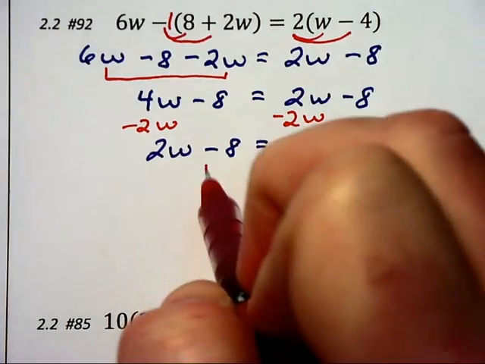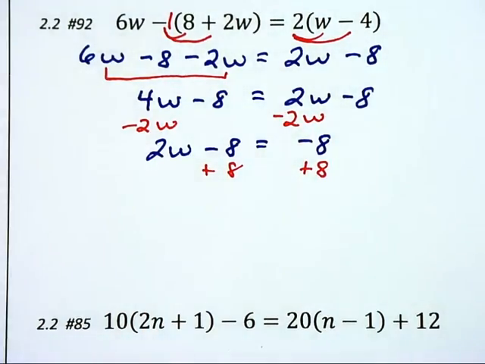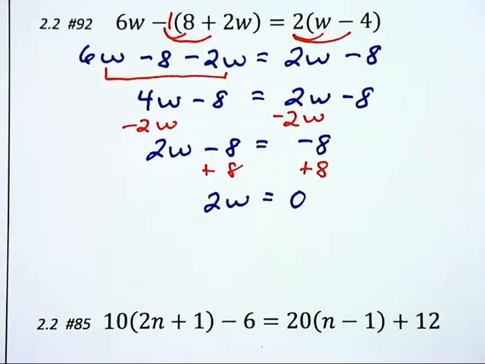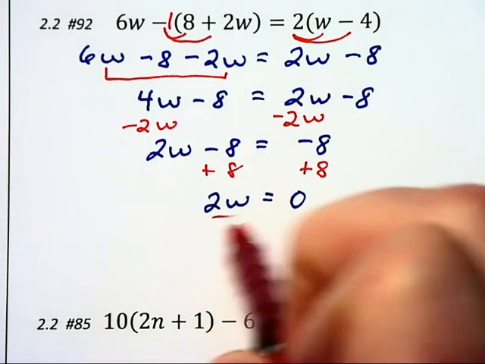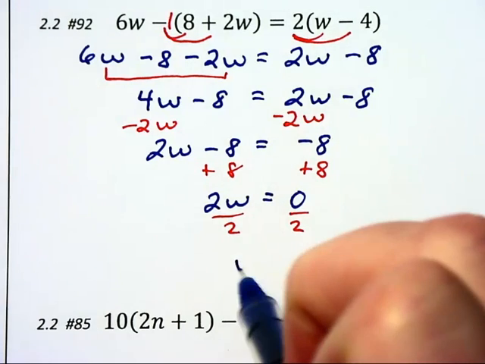Adding 8 to each side will help us to isolate the variable by itself on the left, and we will have 2W is equal to 0, and dividing each side by 2, we get W is equal to 0.